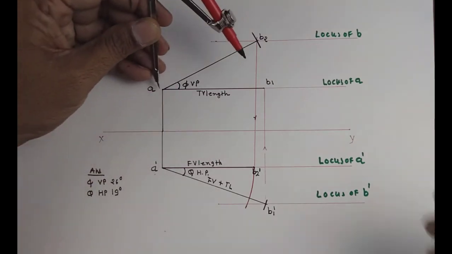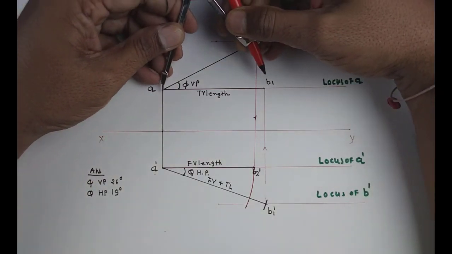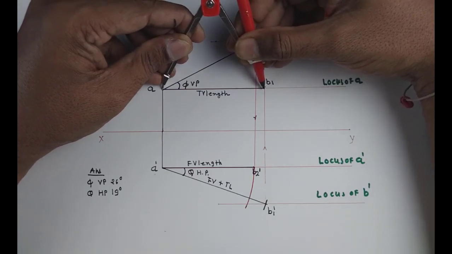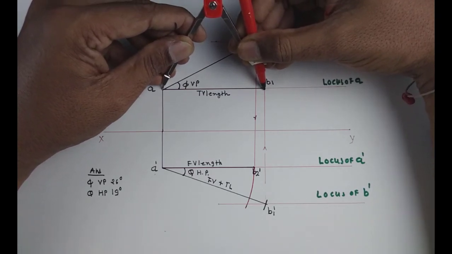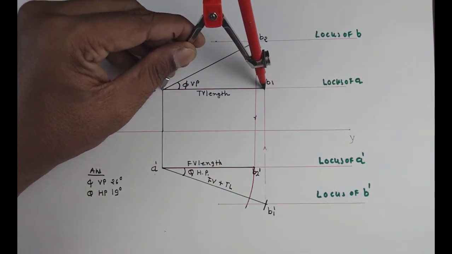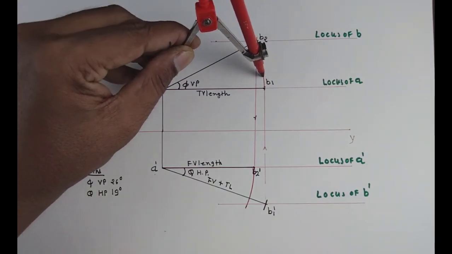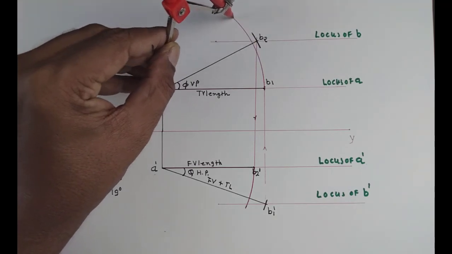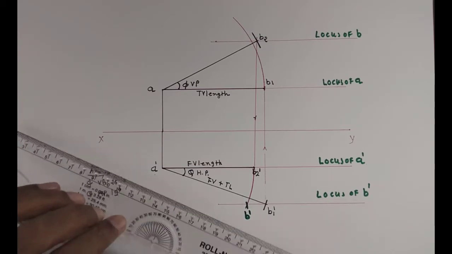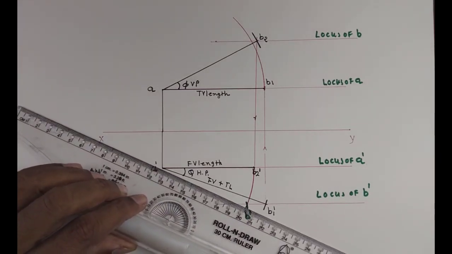Similarly, you can take the distance A to B1, it is your top view length, and you rotate your top view length toward the locus of B. Now this is your elevation point B dash. Now join your A dash B dash.